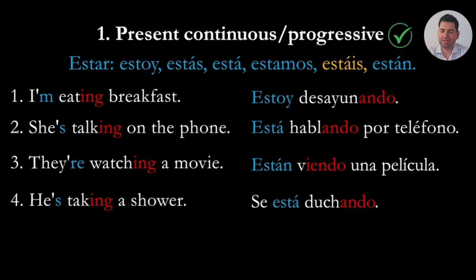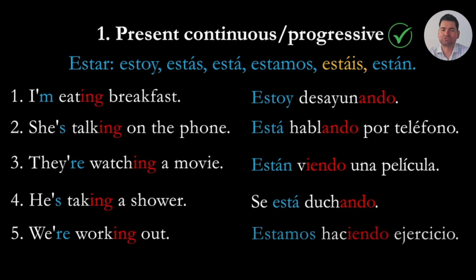Here, there is a little variation with the pronoun se, because ducharse is a reflexive verb. Number 5, we are working out. Estamos haciendo ejercicio. These sentences are great. They are very common. We are using very common vocabulary, and then you can use them to practice connected speech and sound natural when you speak Spanish.